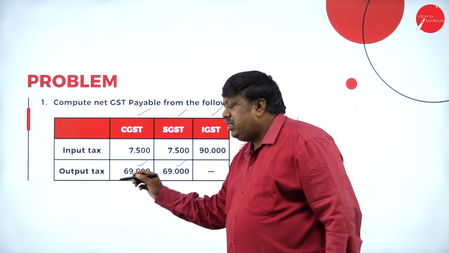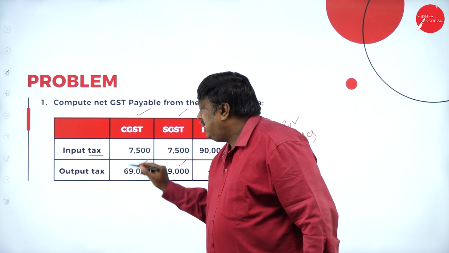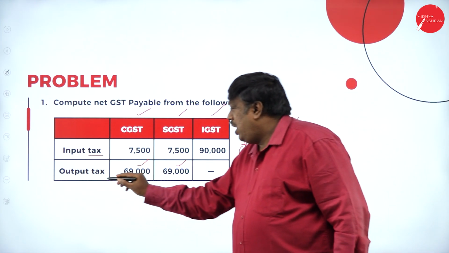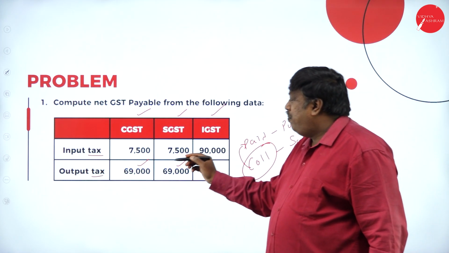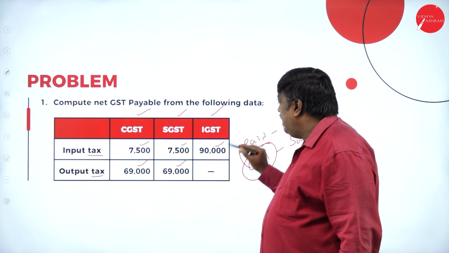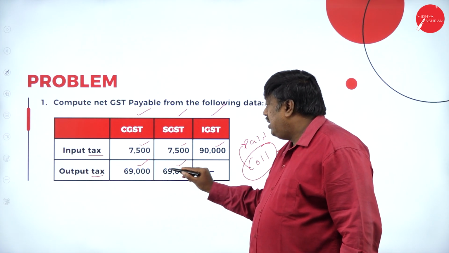At the time of purchasing any commodities, when we pay tax, it is called input tax. And when we collect the tax from the consumer, it is called output tax, that is at the time of sales. So at the time of purchase, we have paid the tax 7,500, 7,500 and 90,000. And output tax, we have collected 69,000, 69,000.